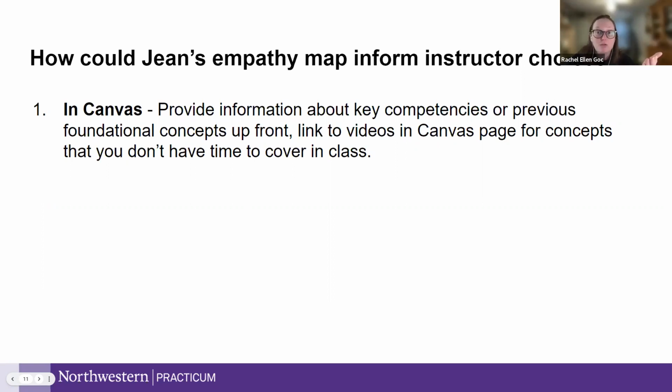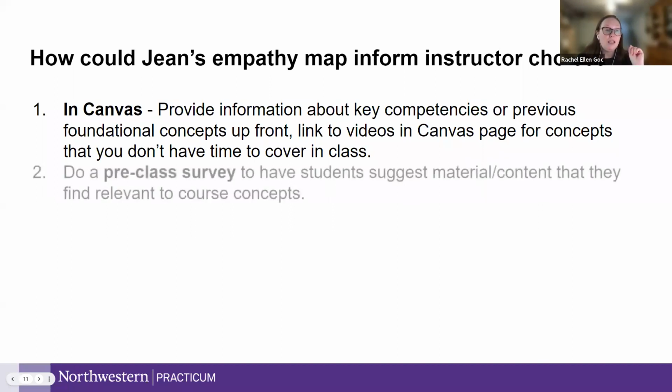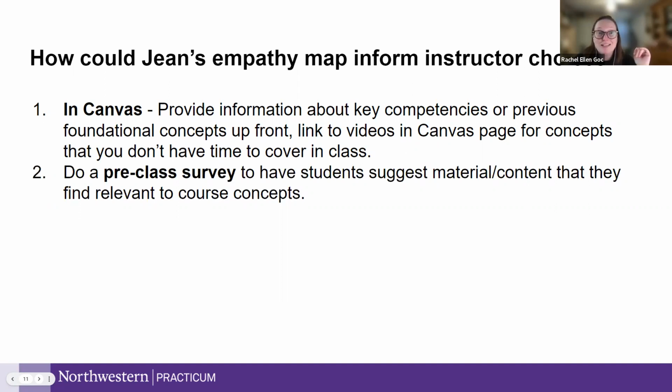Link a couple of those foundational videos into your first module or your day one class so that if you see students who are struggling with that right at the start, you have those resources available for them at the very beginning.